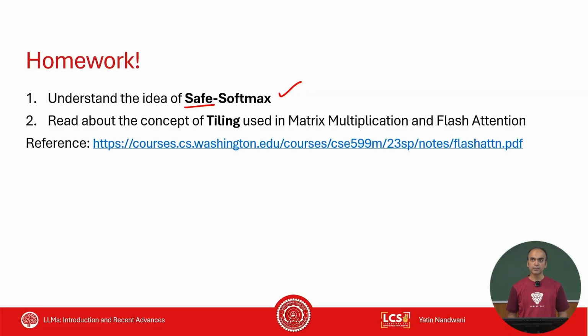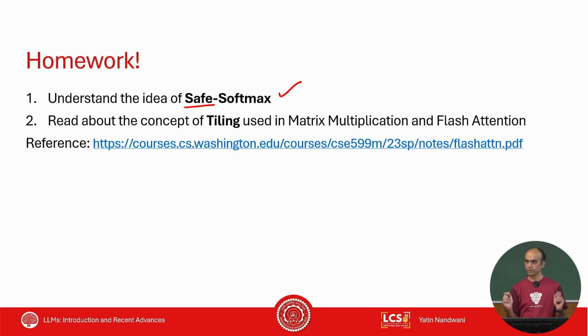So the idea is essentially numerical stability, and the problem is that in softmax we are computing exponents, right? Now let's say my attention scores are 1 million, 1 million and 2, or 1 billion, or let's say 900,000.